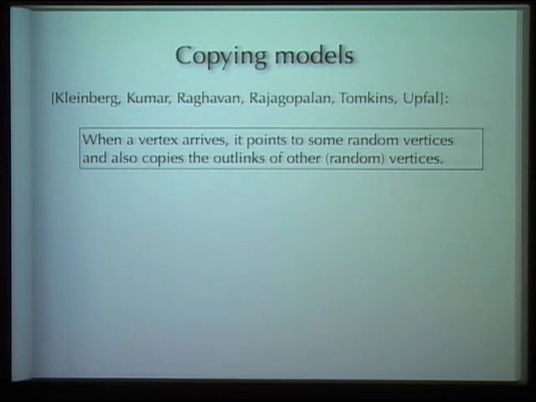So in a copying model, when a vertex arrives, it points to a small subset of vertices at random, and then it picks some other vertex at random, the idea being that maybe this is something like a friend, and it literally copies all its outlinks. And maybe does it with another vertex and another vertex until it has generated enough outlinks to be satisfied.